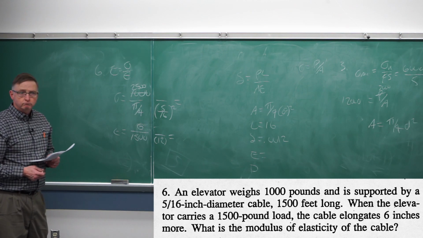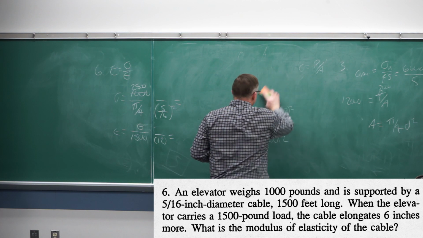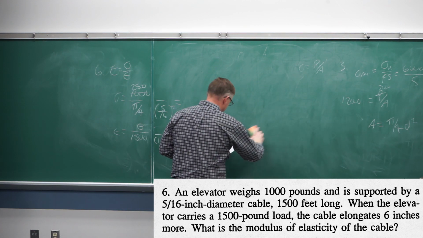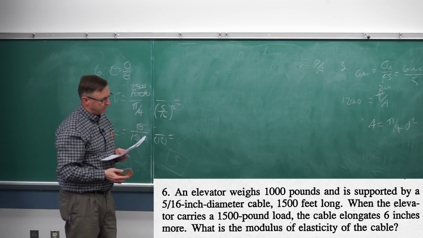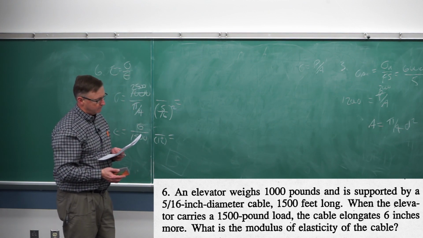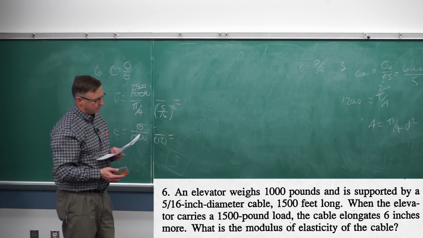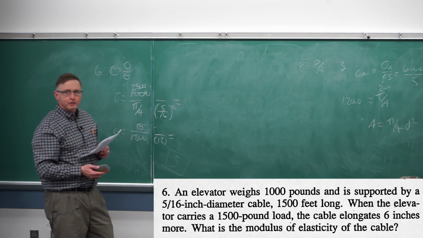Is that one good enough then? Okay, let's go on. I guess it's thermal stuff. They use only 1,500? Oh, wait, the elevator's already, it's only calculating additional weight because the cable is already elongated by the weight of the elevator. Oh, I see. Boy, that is a tricky problem statement.